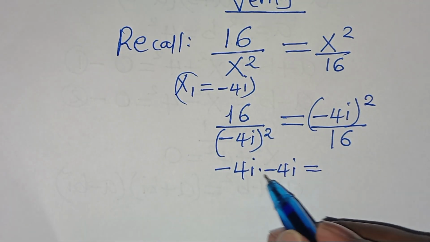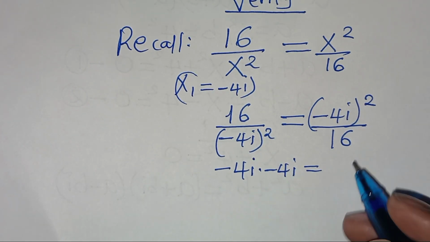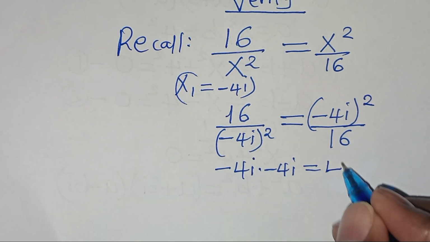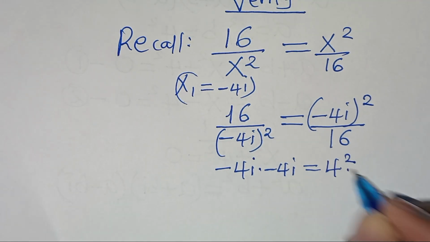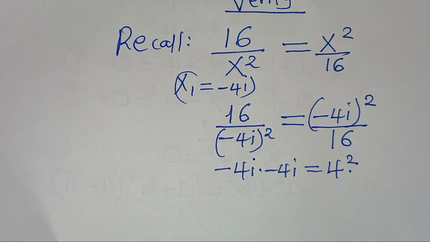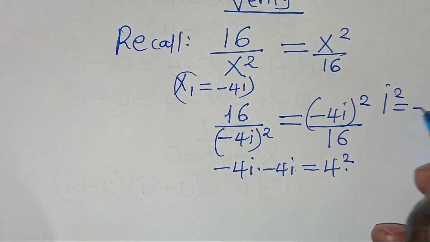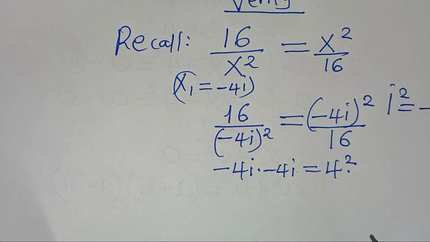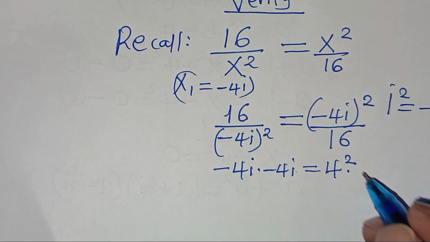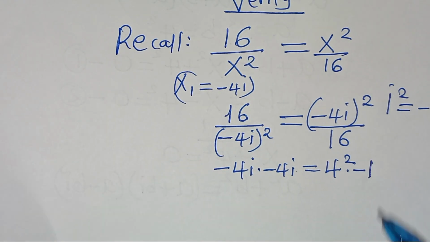So in this case, we have negative 4 times negative 4, which is 4 squared, and we have i times i, which is i squared, which is equal to minus 1.